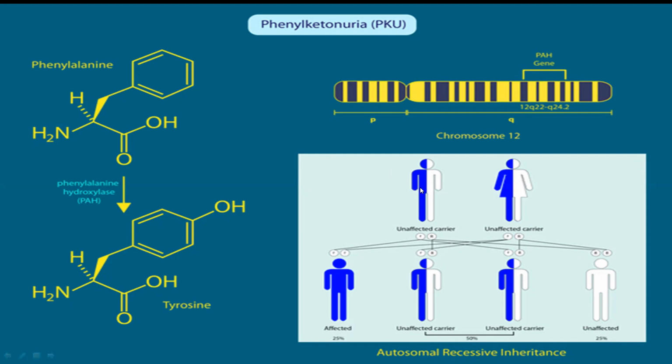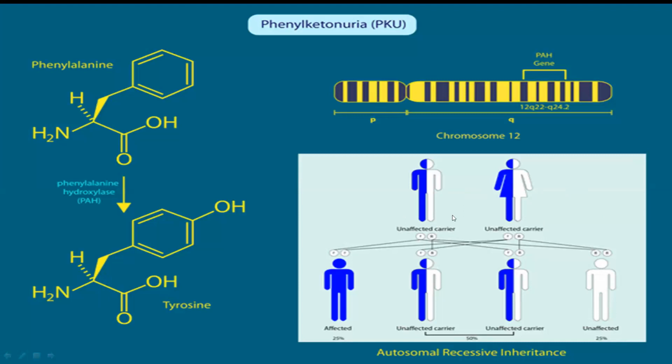So blue and blue you can get affected. So one child will be affected. Blue and white, again carrier, and this blue and this white, again carrier, and this white and this white unaffected. So this is what can happen with carriers.